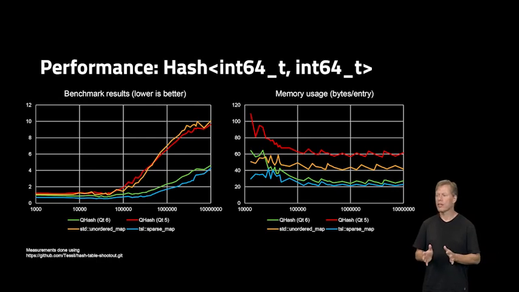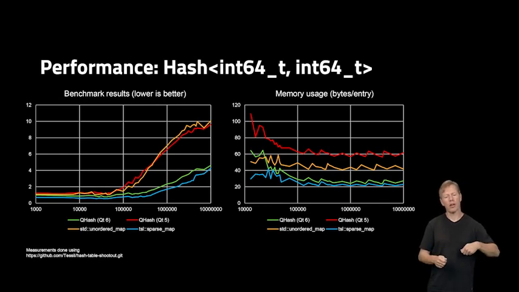You may also wonder about the blue line, which is tsl::sparse_map, a very high performance and low memory usage hash table implementation. That's consistently somewhat better than QHash, but it had other problems. That's why we couldn't use that implementation directly. For example, it wasn't 100% stable against repeated inserts and removes into the hash table.